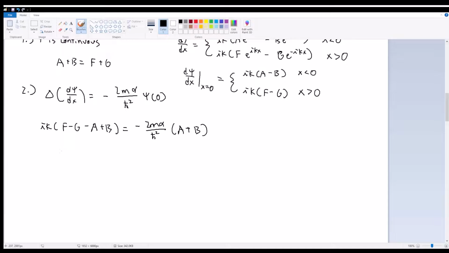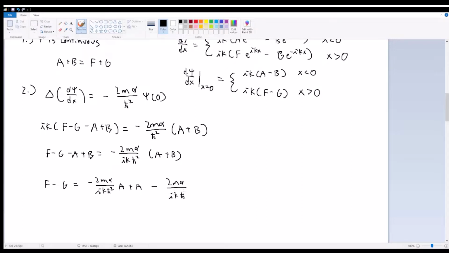So if we do that, then what we get is that f minus g is a plus b. We're going to start by taking the ik and moving it over to the other side, so 2m alpha over ik h bar squared multiplied by a plus b. Then we can move the a's and b's to the other side. So this is going to give us f minus g is equal to negative 2m alpha over ik h bar squared times a plus a, minus 2m alpha over ik h bar squared b minus b.